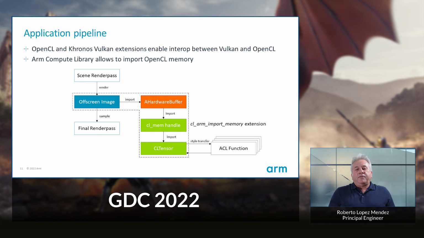The Android hardware buffer is imported directly into OpenCL using the cl_arm_import_memory extension as a cl_mem handle. Moreover, the data is directly imported as a CL tensor that is passed to the ARM Compute Library to apply the style transfer. All this happens with zero copy, thanks to the Android hardware buffer and the OpenCL extension.